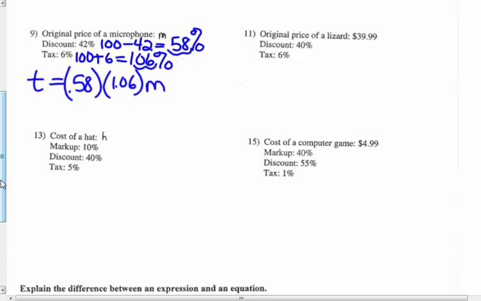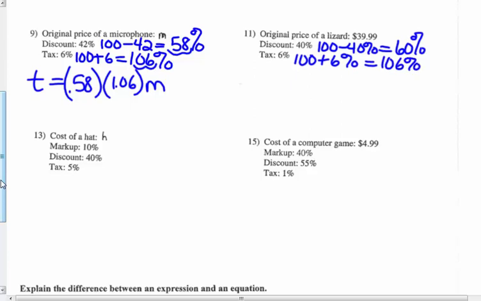The original price of a lizard, you're now at a pet store, it's discounted 40%. Well, if it's 40% off, I'm going to pay 60%. That's the way you have to think about this. And if the tax is 6% more, tax is always added on, I'm going to pay 100 plus that 6%. I'm going to pay 106%.